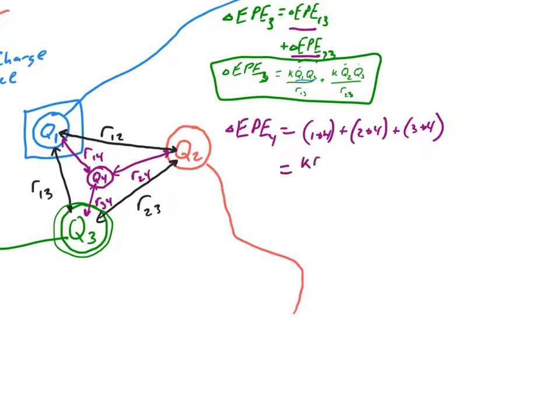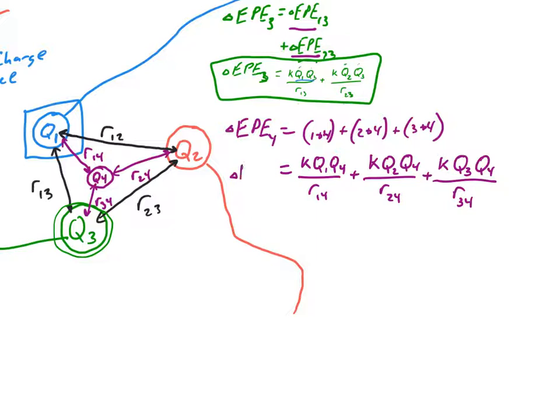K, Q1, Q4 over R14. K, Q2, Q4 over R24 plus K, Q3, Q4 over R34.